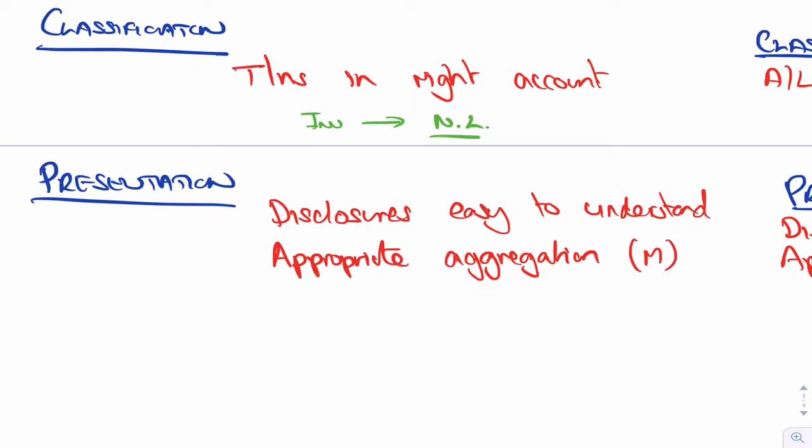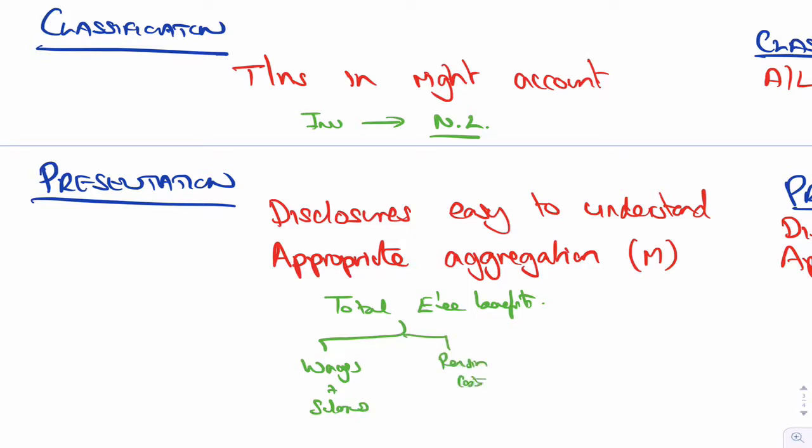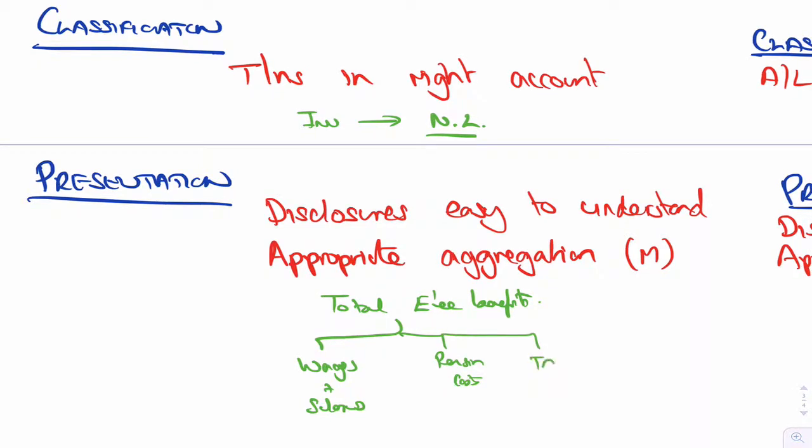Presentation, a new one. Disclosures should be easy to understand. They should be aggregated and disaggregated properly according to materiality. So an example of this would be what you could do. You could take the total employee benefits, so the total figure, and then disaggregate it, split it all down in the notes to wages and salaries, split it in between that and pension costs and tax and NIC.